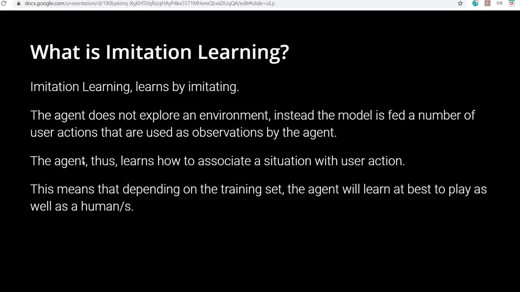So unlike reinforcement learning, these agents observe someone else performing a task and learn how to associate the actions taken by that person or agent with some goal. And with enough observations or demonstrations, the agent learns to optimize for a given task. The effectiveness of the agent is entirely dependent on the data and ultimately on the actions taken by the human. So if this is applied to games, the better the player, the better the agent.